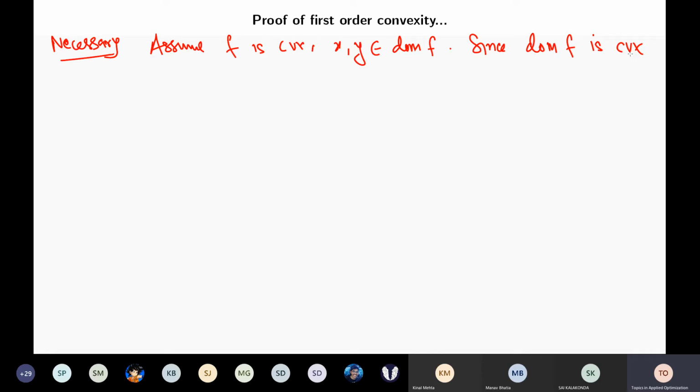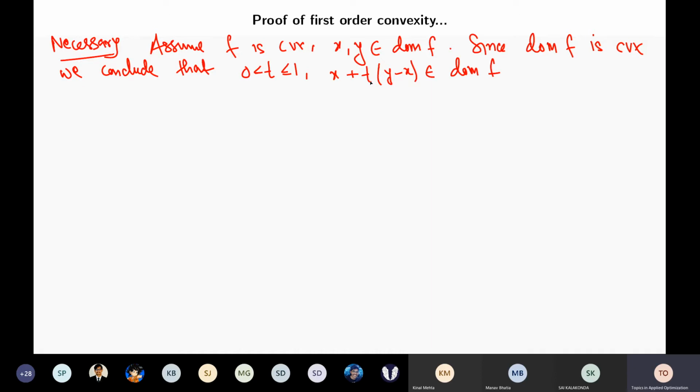Okay, so we conclude that for 0 less than t less than or equal to 1, x plus t(y minus x) is also in the domain of f. You agree, right?